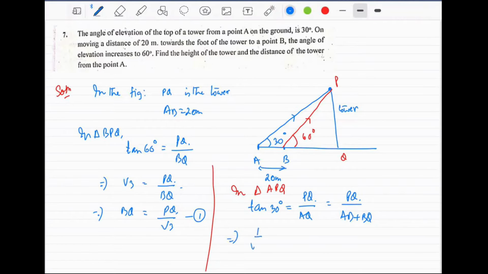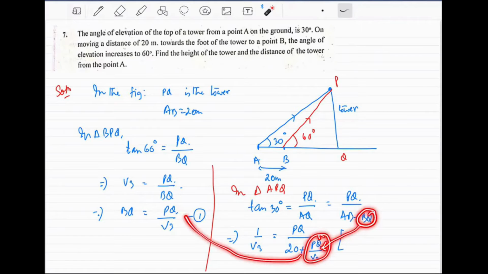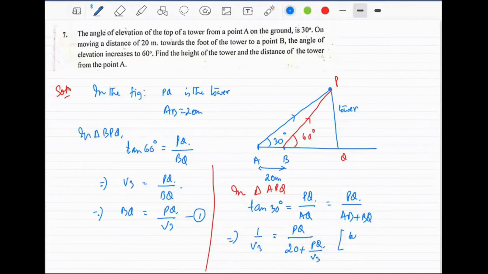This is 1 by root 3 right here. PQ, we don't know. We are not going to put it. AB is 20 and BQ is how much? PQ divided by root 3. So where does this come from? Instead of BQ, we are putting PQ by root 3. This comes from equation number 1. So say here by equation 1.